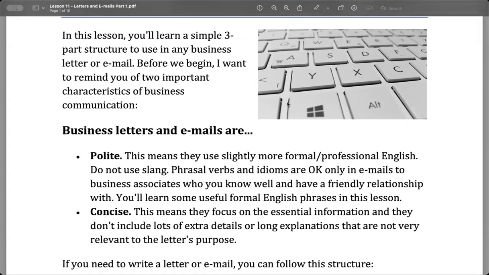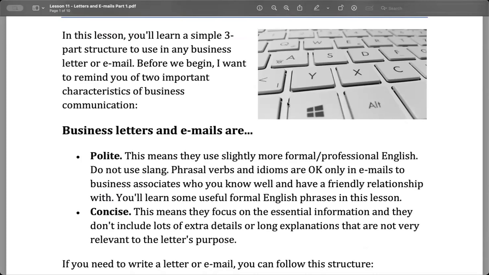Do not use slang. Phrasal verbs and idioms are okay only in emails to business associates who you know well and have a friendly relationship with. You will learn some useful formal English phrases in this lesson.